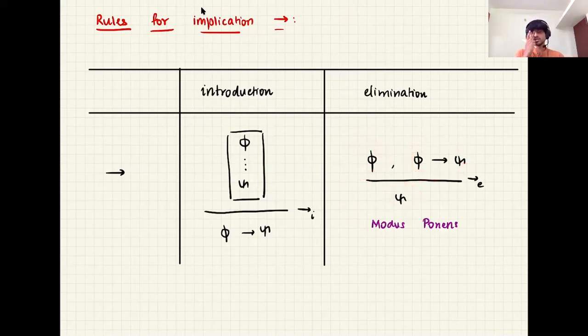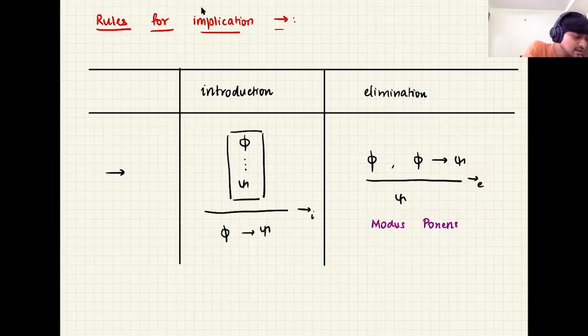We have used this thing: if I know P is true and P implies Q is true, then Q is true. We have used this several times in the examples. The name of this rule is implies elimination. It also has a fancy name called modus ponens.